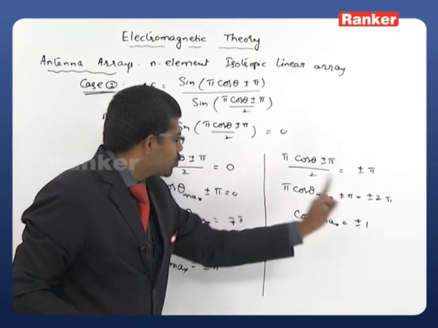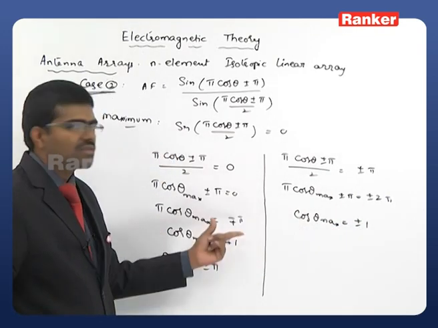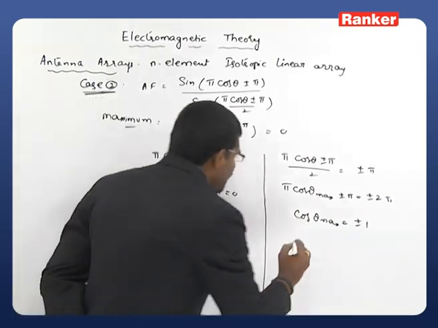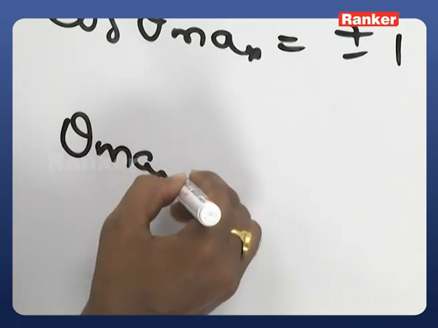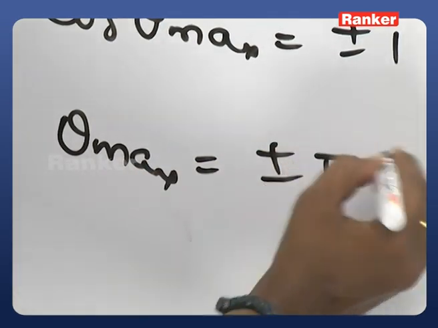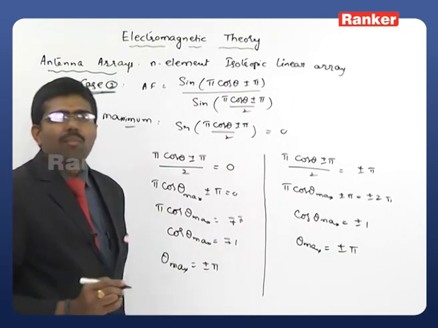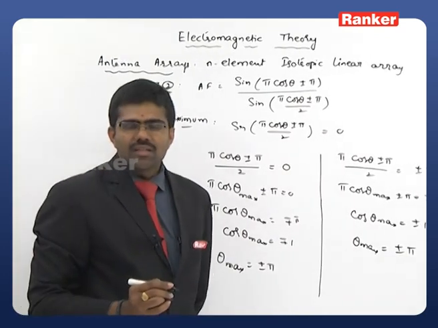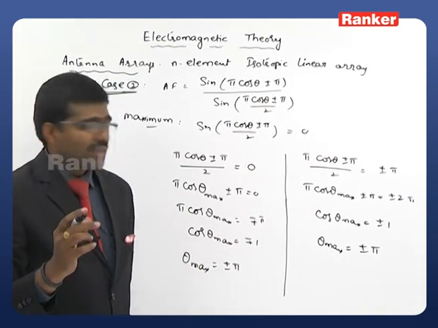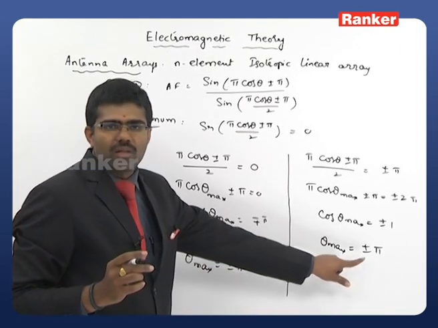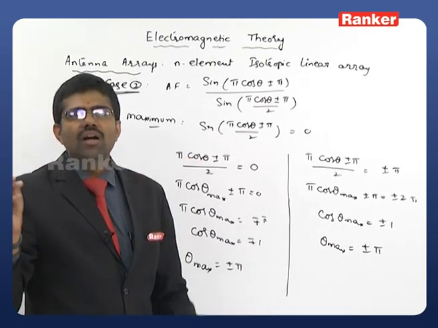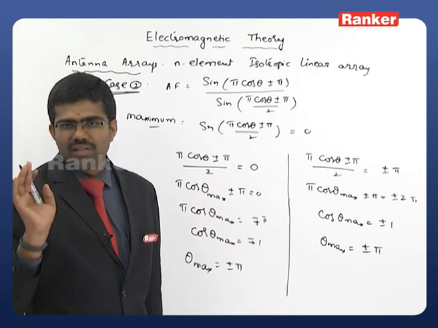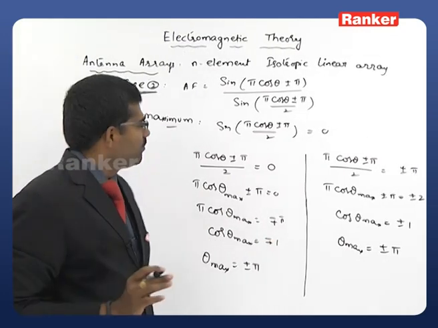Cos theta max is equal to plus or minus 1, cos theta max is equal to minus r plus 1, both are same. So here also theta max is equal to plus or minus pi. So clearly the maximum radiation intensity or the maximum radiation pattern will be in the direction of plus or minus pi, or in the direction of 0 and in the direction of pi. Remember that. Now I will go for the minimum direction.